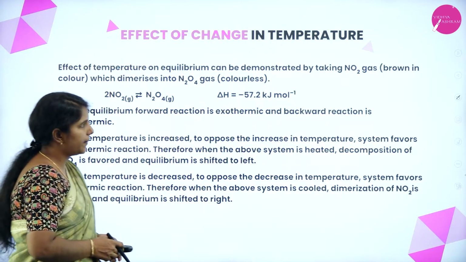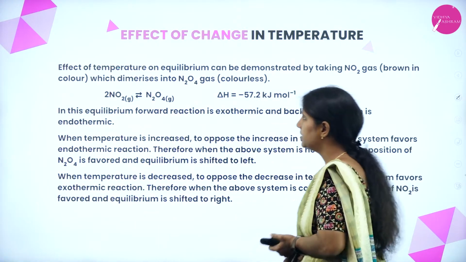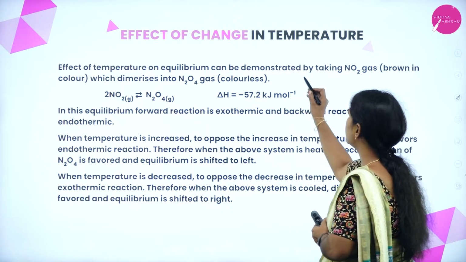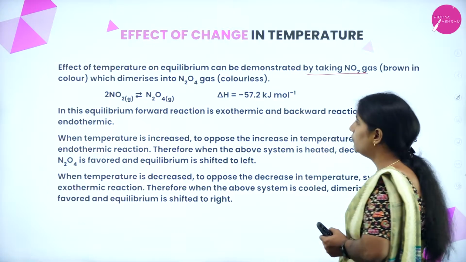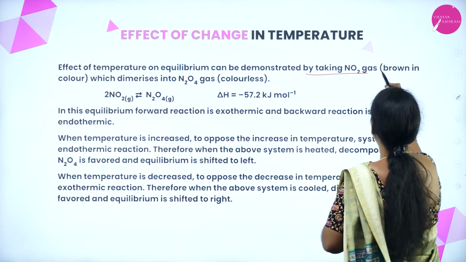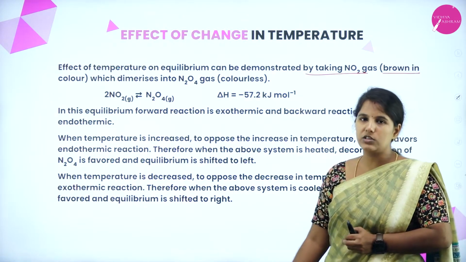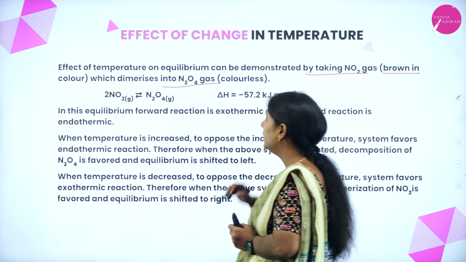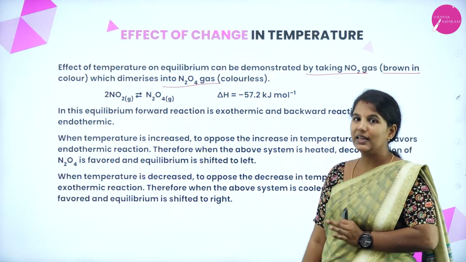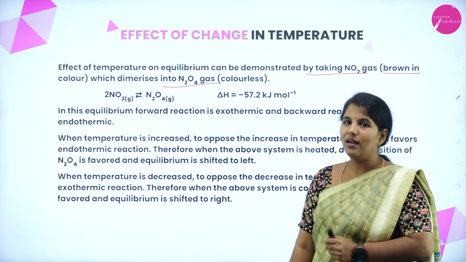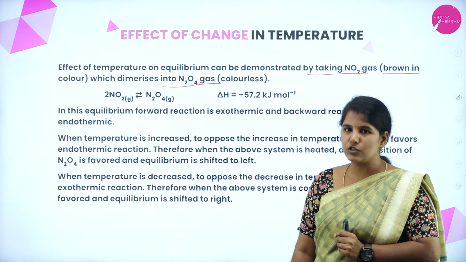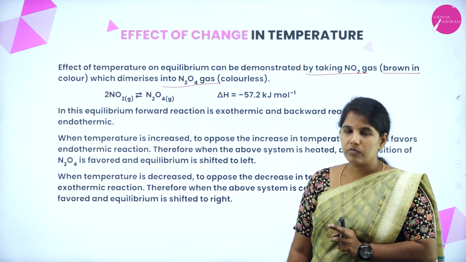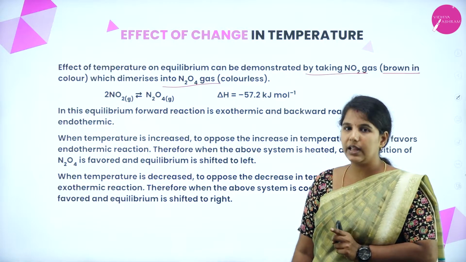We will take up an example so that you will understand this effect. The effect of temperature on the equilibrium can be demonstrated by taking NO2 gas, which is brown in color, that is nitrogen dioxide gas, which dimerizes to give N2O4, which is a colorless gas. Dimerizes means that two molecules behave like a single molecule.